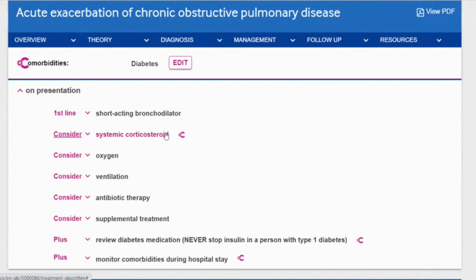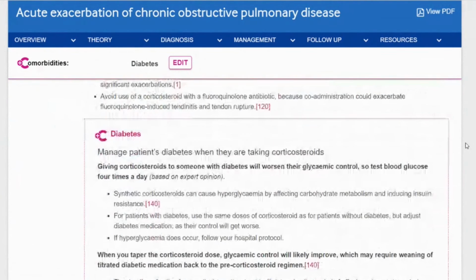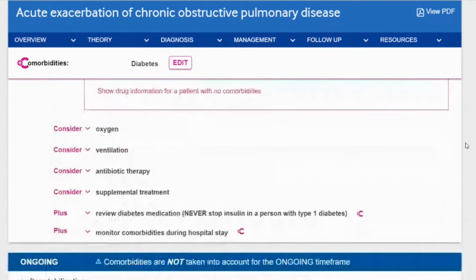But you can see now these C icons, or comorbidity icons, have appeared. It's appeared, first of all, beside the steroids. It says, manage the patient's diabetes carefully when they're taking steroids, because it will worsen their glycemic control.